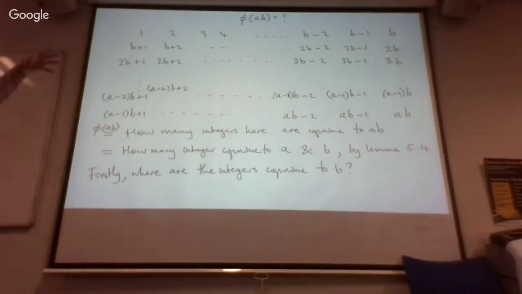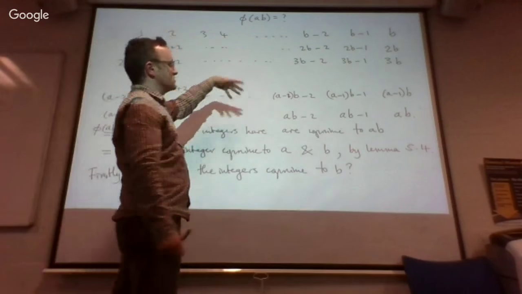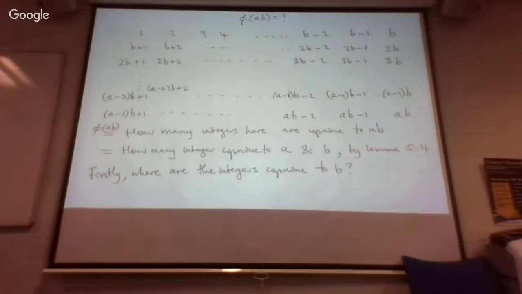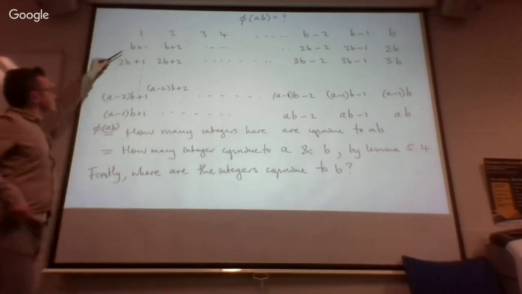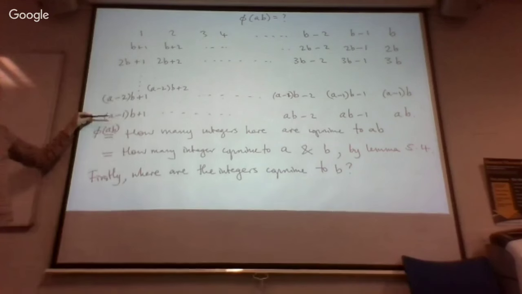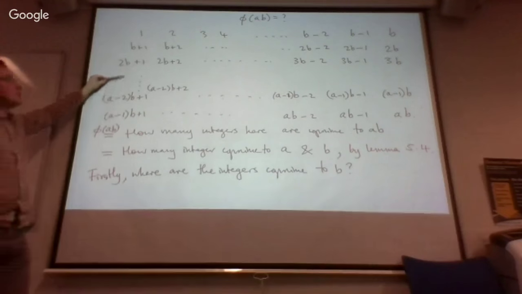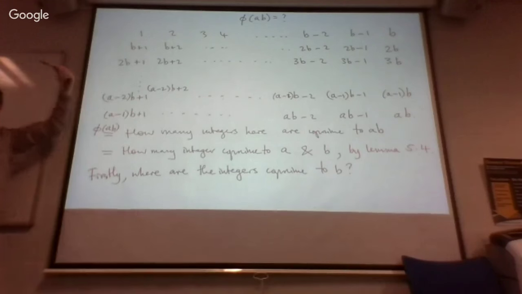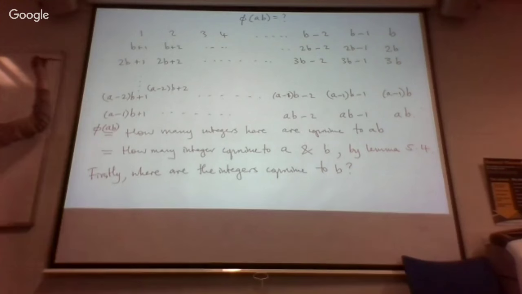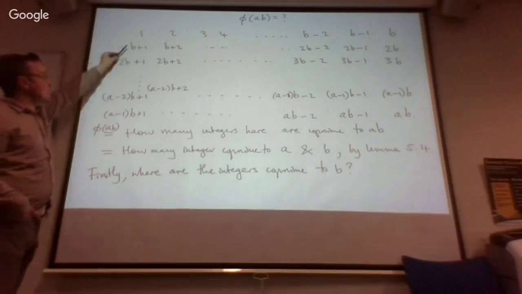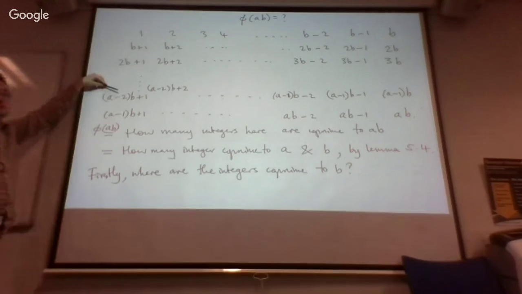Where in this grid do the integers live that are coprime to B? Well, in answering that question, we begin by making an observation. So look at all these numbers in the first column. 1B plus 1, 2B plus 1, etc. All of these numbers here are congruent to 1 modulo B, because they're all a multiple of B plus 1.